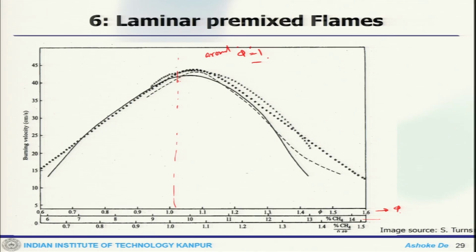Before that, phi less than 1 is the lean condition, where temperature would be less. It is increasing, because as phi increases, fuel increases, temperature due to reaction increases, and SL increases. It reaches a maximum around phi equals 1, which may not be exactly 1. After that, for phi greater than 1, it starts decreasing. This is one of the unique characteristics of hydrocarbon fuel.